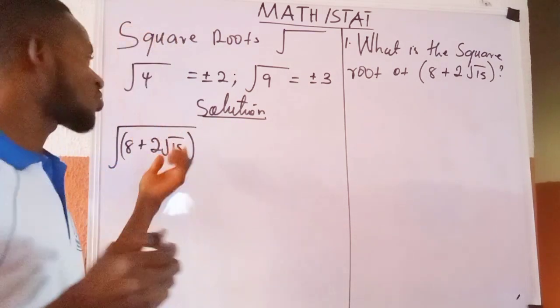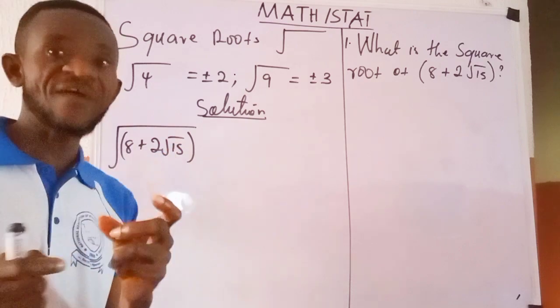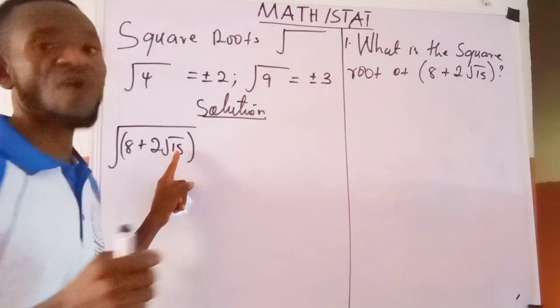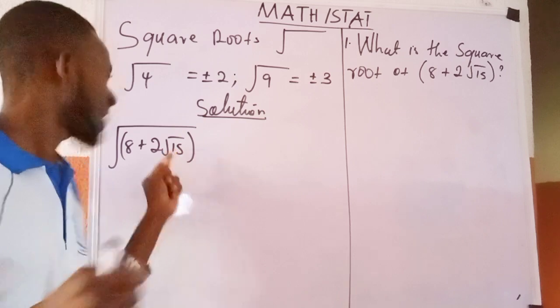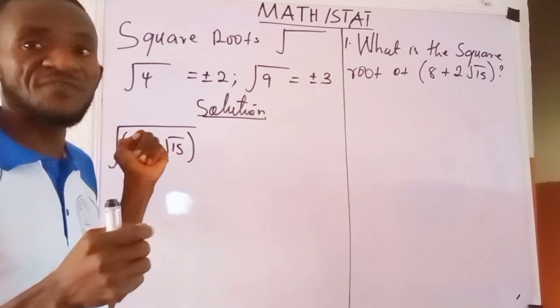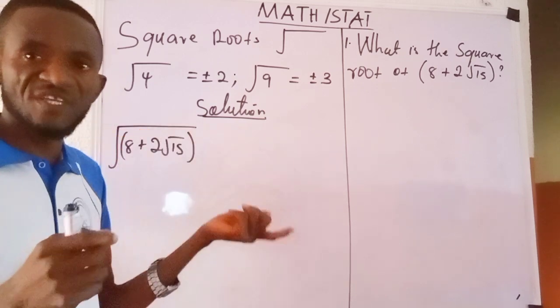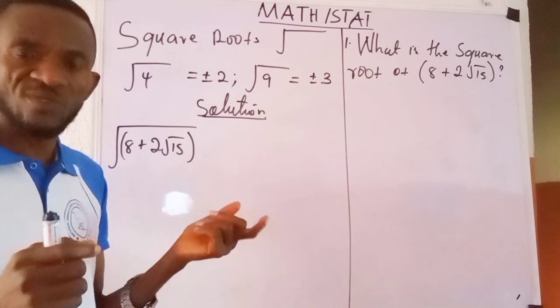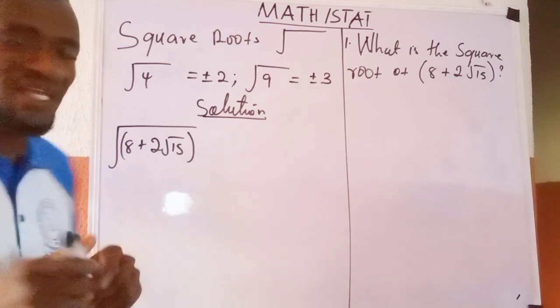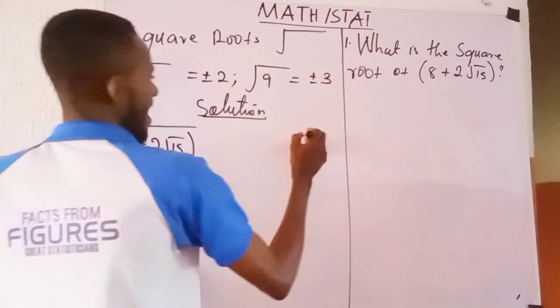The next thing you are going to do here is, I advise that you first of all handle this root 15 by bringing out this 15 and trying to break 15 into 2. Breaking it into 2 here, I mean that you come out here and write 15.